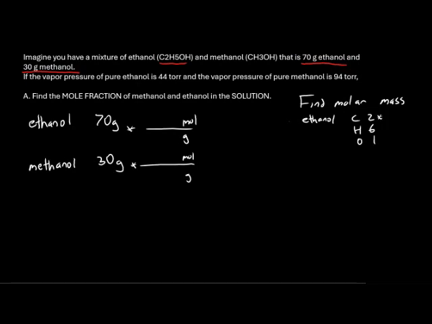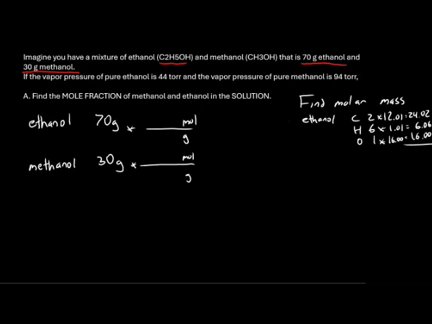Go to your periodic table and look up the masses for carbon, hydrogen, and oxygen. On the table, you'll find carbon is 12.01, hydrogen is 1.01, and oxygen is 16.00. We multiply straight across and get 24.02 for carbon, 6.06 for hydrogen, and 16.00 for oxygen.